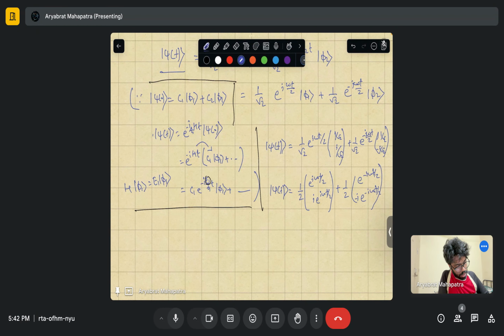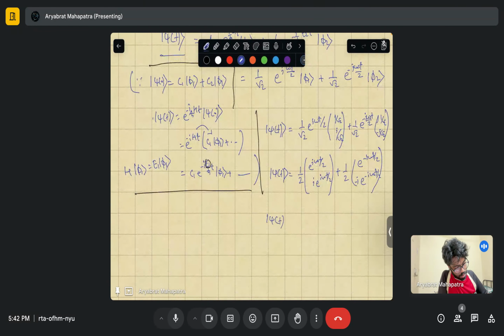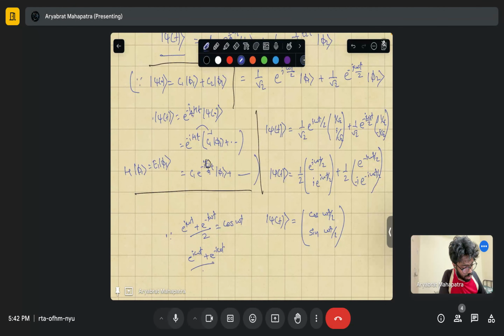Now I can write this psi t as cos of omega t by 2 and sine of omega t by 2, since e to the power I omega t by 2 plus e to the power minus I omega t by 2, over 2, is cos of omega t by 2, and the difference over 2i is sine. These are your Euler's relations, so I hope you are familiar with this.